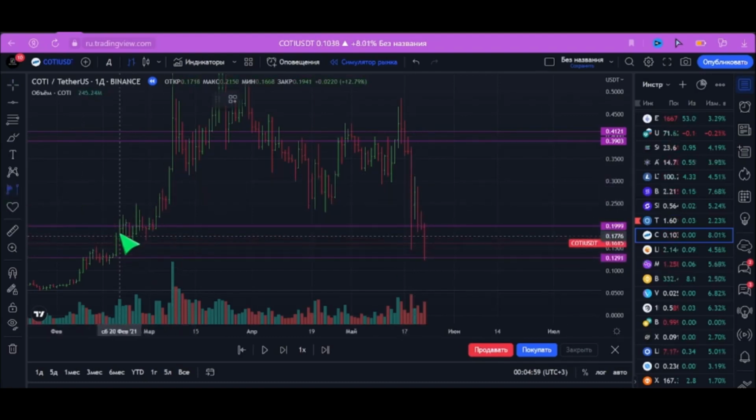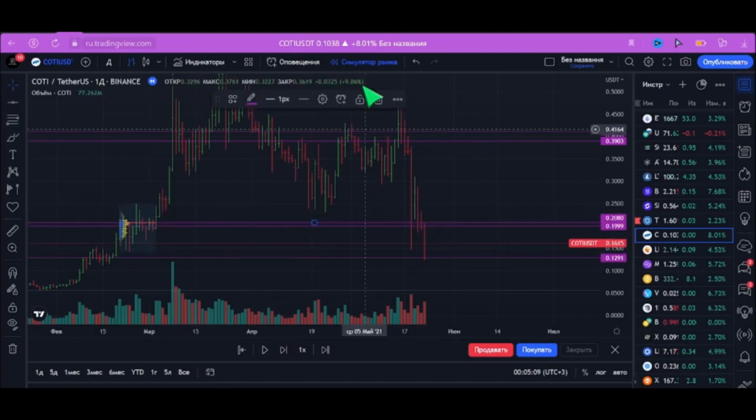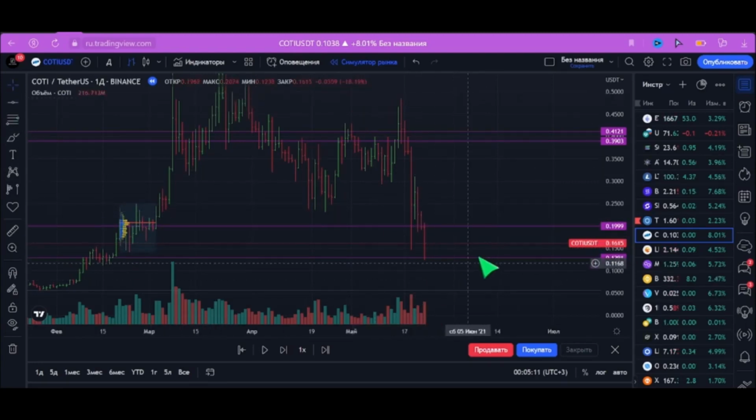And if we, let's say, took this particular indicator, you see, the volume would be even higher. Further, we approach 0.1291 and bounce from this point. That is, the levels related to volumes are quite strong, amplified several times over.